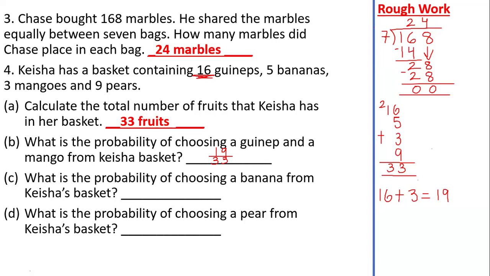So the probability of getting a banana from the basket is, you put the 5 on top, that's the numerator. It's going to be 5 over what's the total number of fruits? 33. So that's how we do probability. It's going to be 5 over 33. All right?